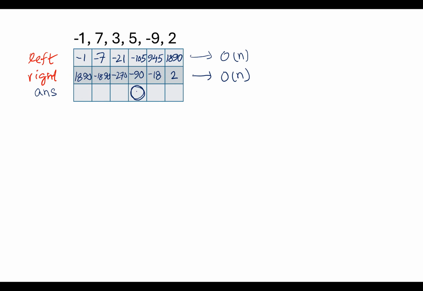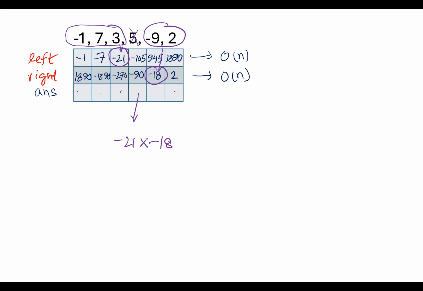If I want to leave this index, the multiplication of this part is here, and the multiplication of the right side is captured here. So the answer here is -21 into -18. That's the answer here. So we can find all the values here by doing that.